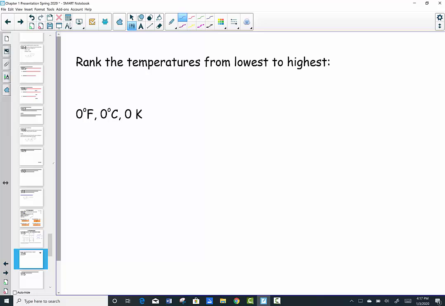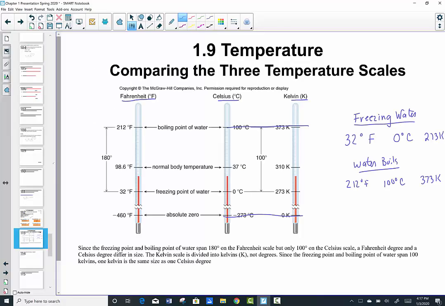Rank the temperatures from lowest to highest. We have 0 Fahrenheit, 0 Celsius, and 0 Kelvin. 0 Fahrenheit is below 30, right? Below the freezing point of water. Here's 0 Celsius and 0 Kelvin here.